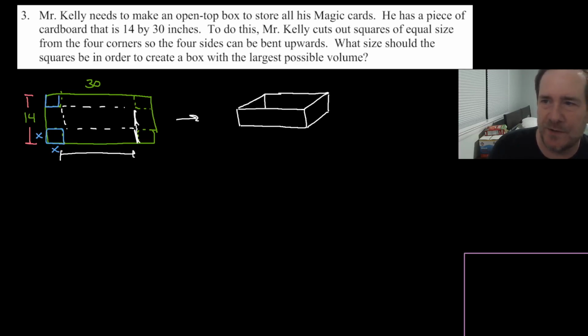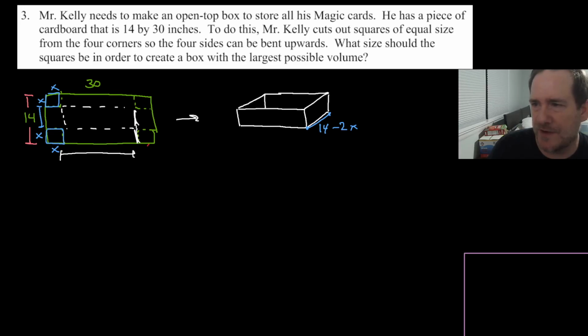Now there's another square up here. That's x by x. So what's this dimension here? Well, if the cardboard started out 14 inches long, then that dimension now is going to be 14 take away 2 x's. 14 minus 2x. And the same thing is going to happen on the 30-inch side.